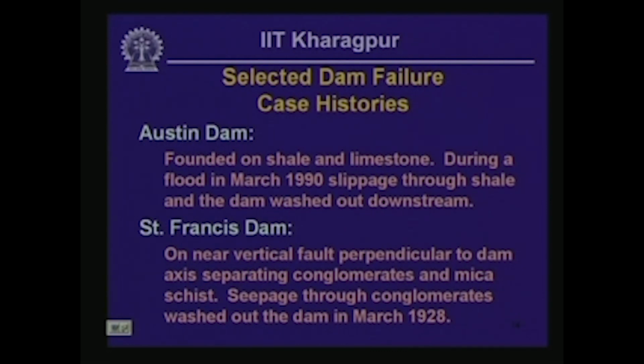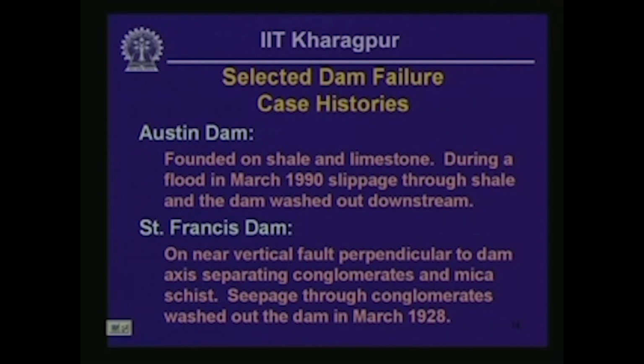The second failure that we consider here is that of St. Francis Dam. Let me highlight before I move on that the failure of Austin Dam is one of the failures because of sliding.